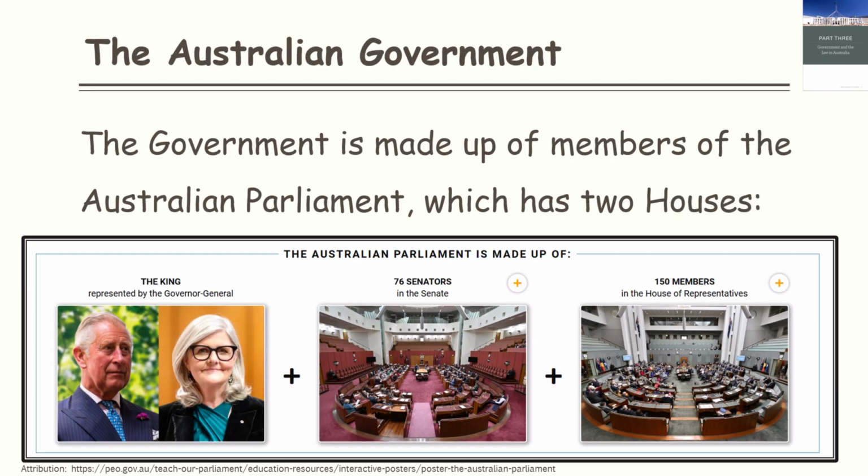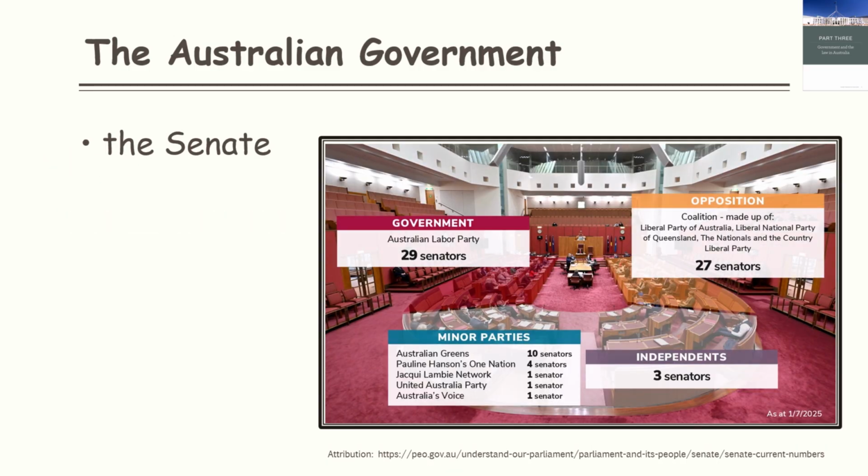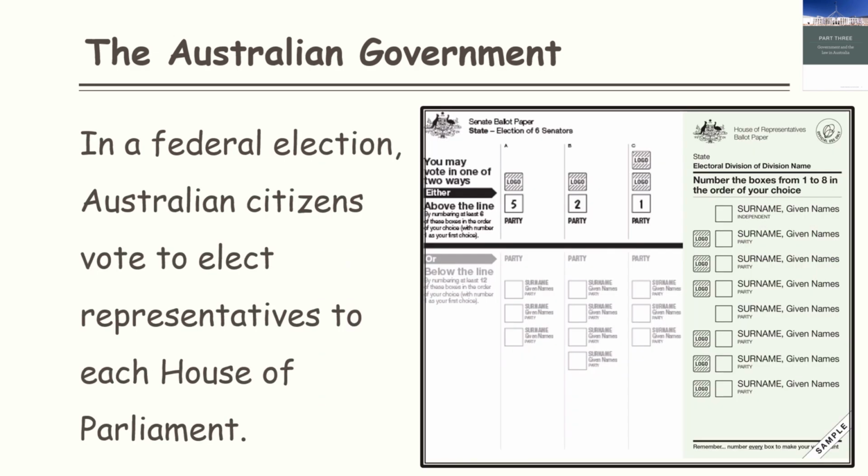The government is made up of members of the Australian Parliament, which has two houses: the House of Representatives and the Senate. In a federal election, Australian citizens vote to elect representatives to each House of Parliament.